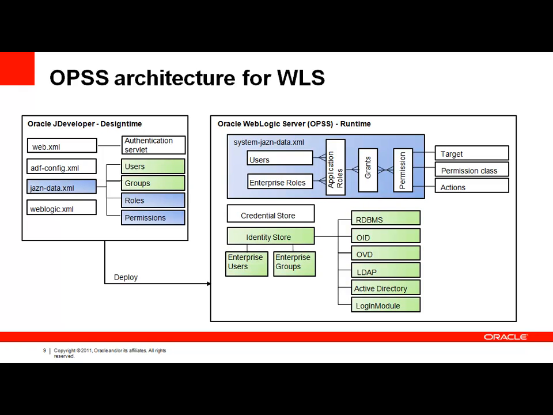Once the user is authenticated, because of its user name or the enterprise role membership, which is nothing else than an enterprise group or a user group, the user is part of an application role, and the application role is specific to the application that you run. So if there's an application role called application role 1, and this application role exists in two different ADF applications, then there's no conflict in the grants.